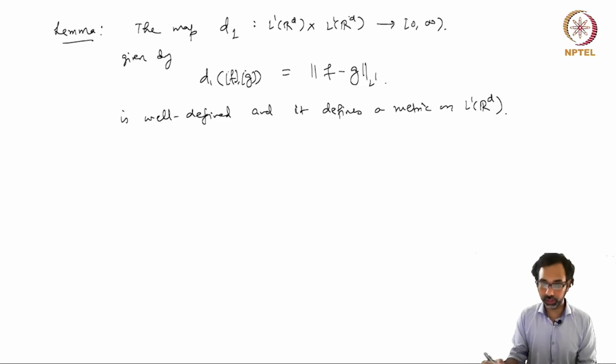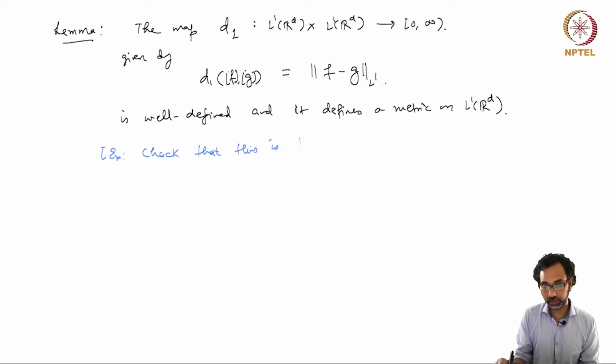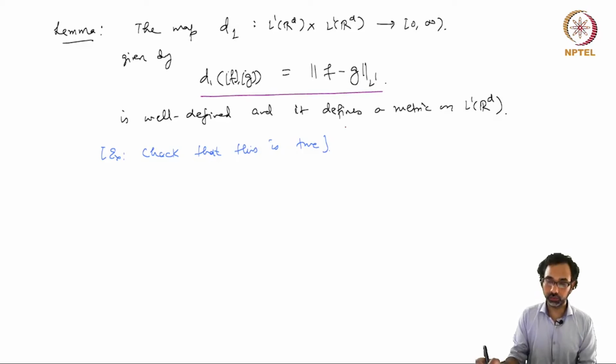I leave it as an exercise again to check that this is true, which is that this defines a metric on the L1 functions after you have modded out by the equivalence relation.